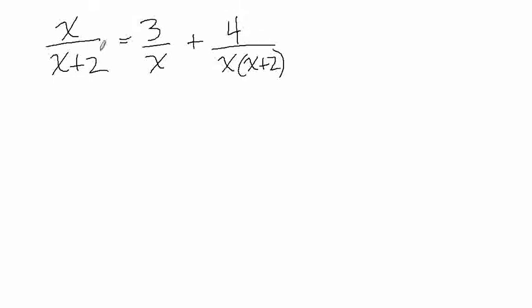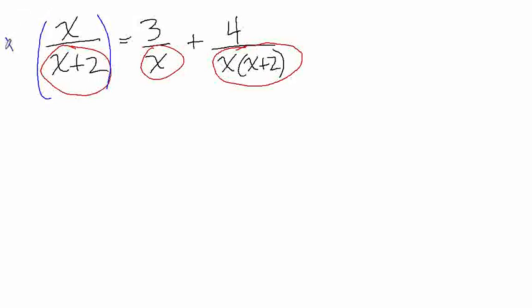So the reason I did this was to show you that binomials can be part of a least common denominator. Okay, so the denominators are x plus 2, x, and then the other one, x times x plus 2. So the least common denominator of all of those is x times x plus 2. So I'm going to multiply both sides by x times x plus 2. Okay, and then I'll go ahead and distribute.